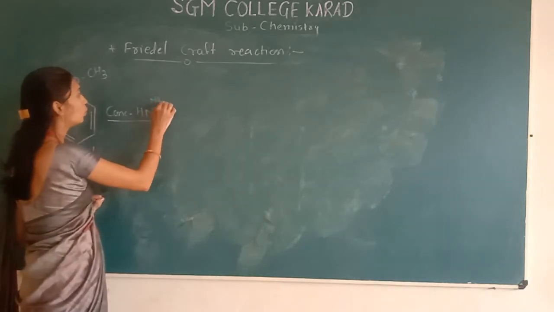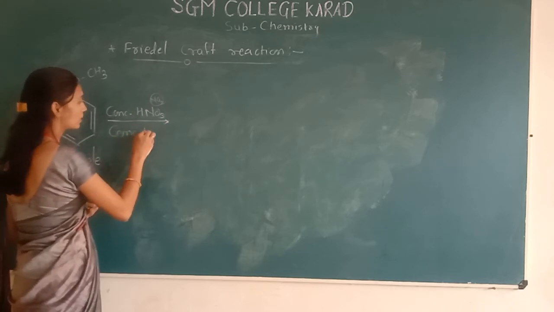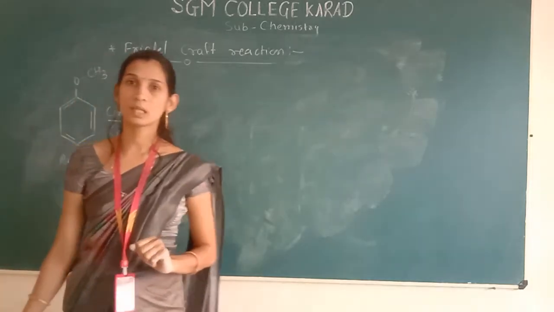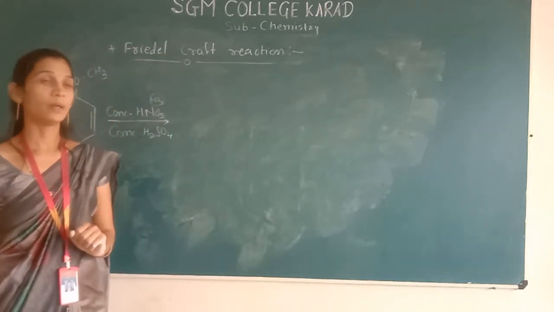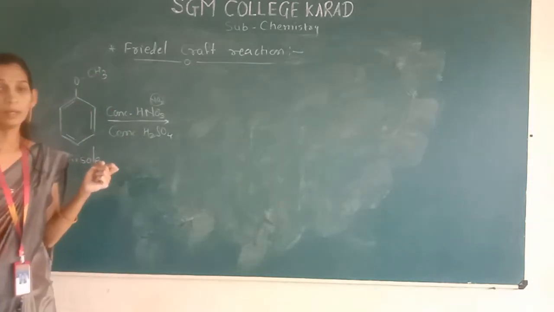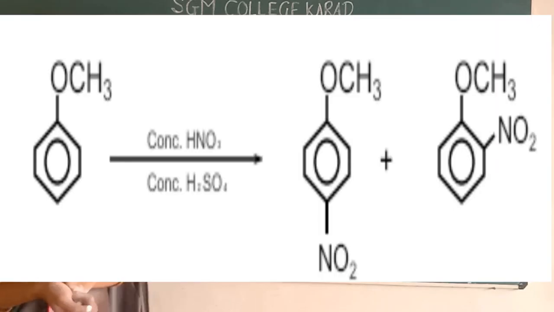Only NO2 reacts from this. Also we are using the concentrated H2SO4. Now there are two products produced from this reaction. First will be the ortho-nitroanisole and second will be the para-nitroanisole.